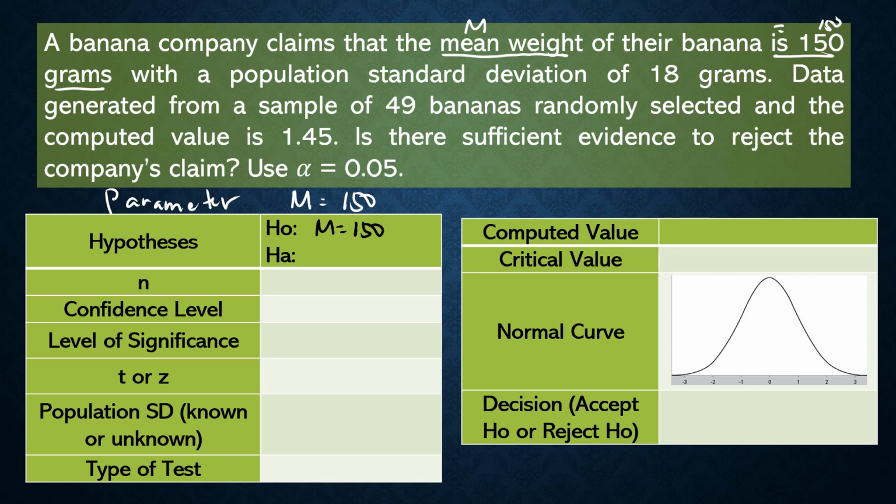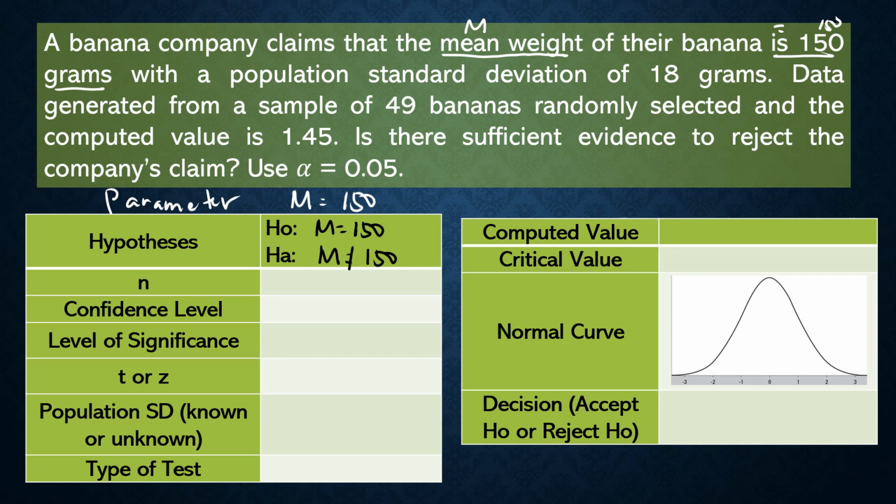Because once you set the alternative hypothesis, there exists a difference between a parameter and a specific value. In this problem, since our parameter is equal, automatically we're going to have not equal. We use greater than and less than only if that is written in the given problem.